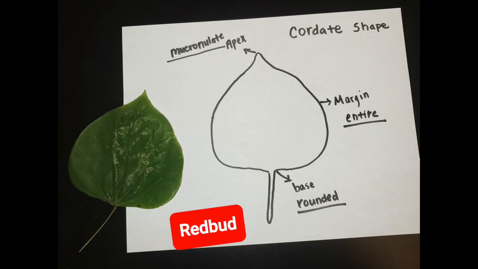Once again, I have this picture here that shows the redbud leaf, the parts that I determined it to be identified as. Please take the time to pause or to consider or even decide something different.